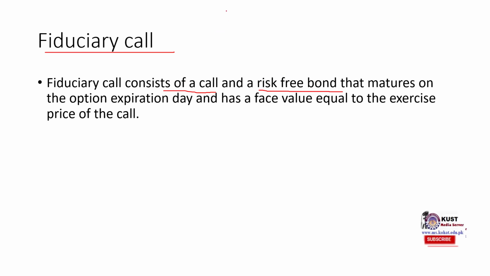So consider this. You enter into a long call position with a premium of $5 or rupees. So you pay 5 rupees as premium. The strike price that you have agreed is 100 rupees, and this long call would mature after, say, 3 months.